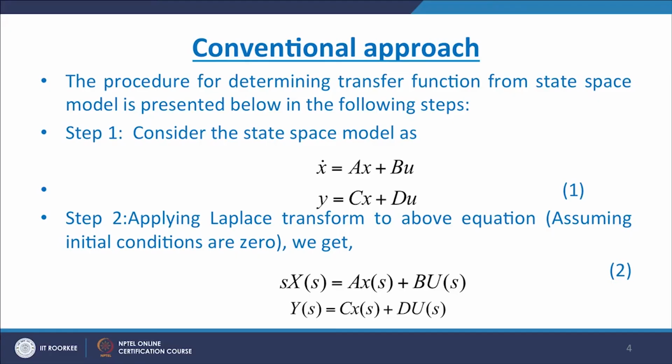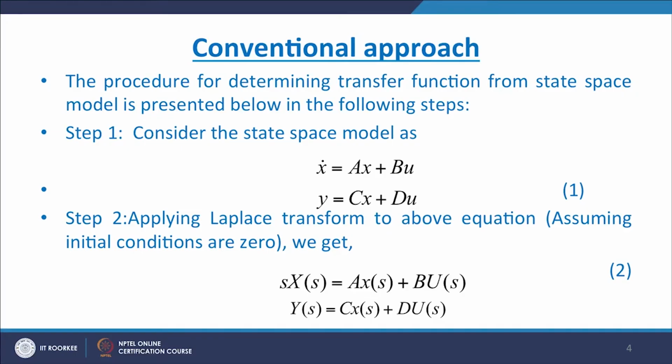Now, how do we get the transfer function model when the given model is in state space form? Let us see. Here we have the model x dot equal to Ax plus Bu and y equal to Cx plus Du. So, consider the state space model like this.